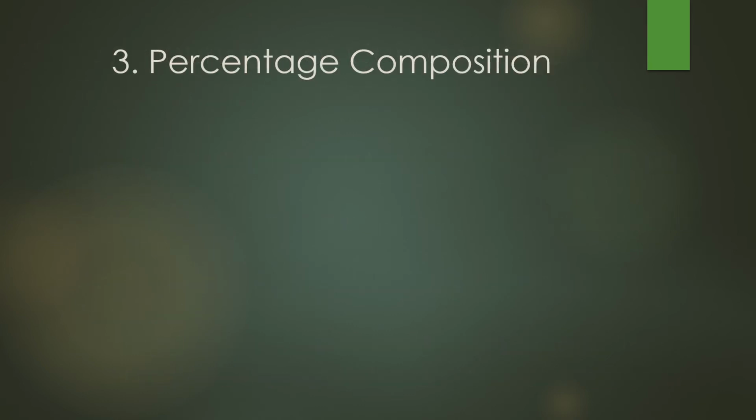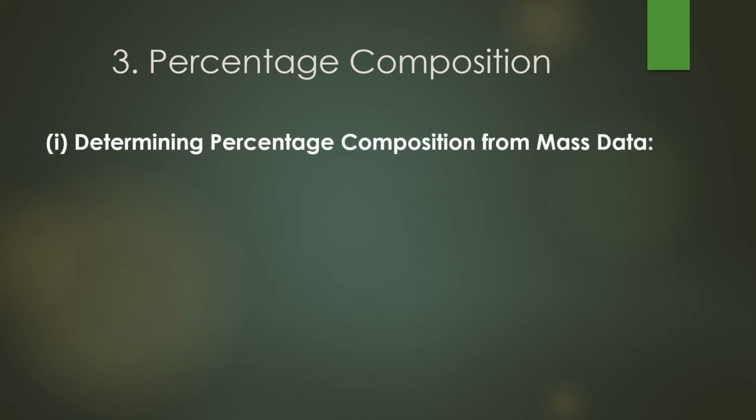So we're going to take a moment now and look at percentage composition. And percentage composition can be determined from the mass data. Percentage composition itself, if you look at your textbook, the definition of percentage composition is the percentage by mass of each element in a compound, and it will equal 100% when added together.